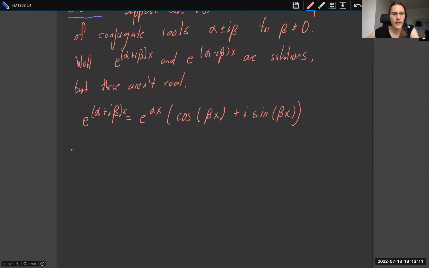So as a consequence, if we have some linear combination c e to the (alpha plus i beta) x plus d, where c and d are at the moment going to be, sorry, not imaginary, complex, but possibly.